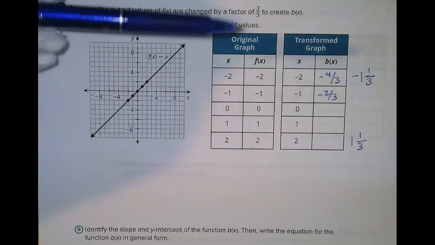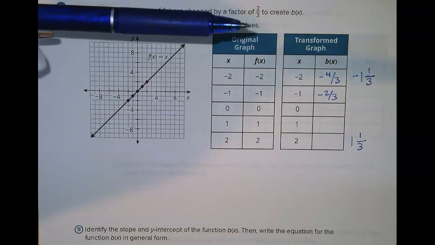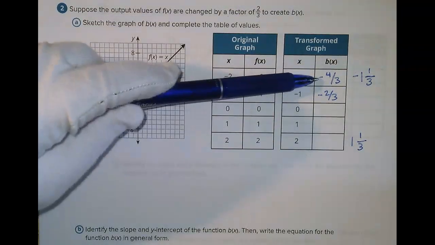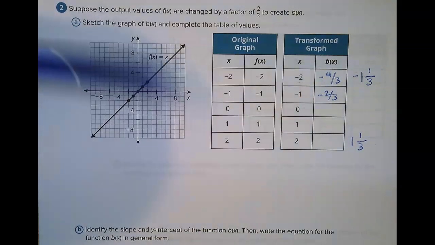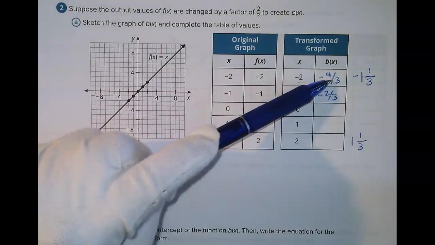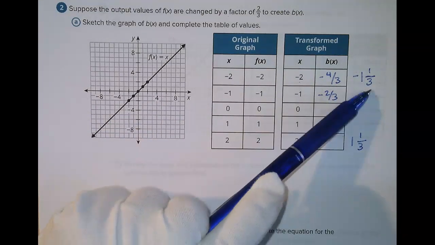A lot of the time in Math 1 and Math 2 and Math 3 and pre-calculus and calculus, we will leave improper fractions alone. But for purposes of graphing these on the coordinate plane, it may be helpful to remember that -4/3 is -1 1/3.